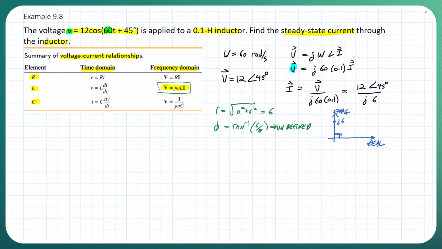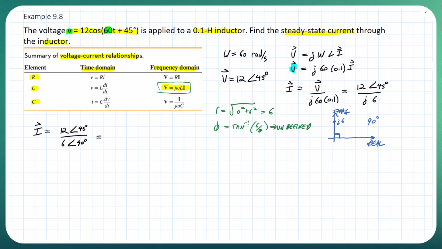That's the better way of figuring out what our angle is going to be. So let's rewrite this equation on the side: I is going to equal 12 at 45 degrees over 6 at 90 degrees.